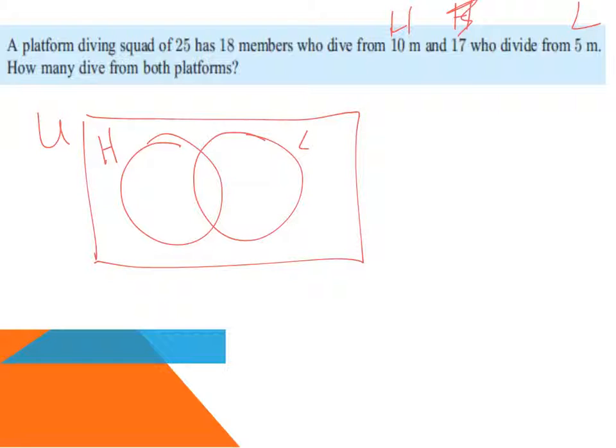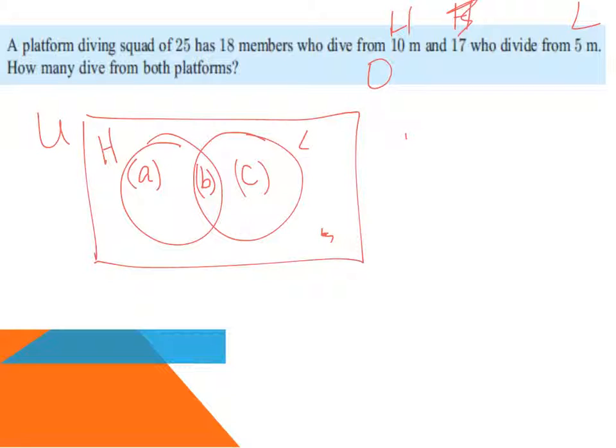Okay, so outside of the H and the L, out here in this area is going to be 0, because if they're on the diving squad, they have to dive from one or the other. There's no way that they cannot dive at all. So then I'm going to label this A. I'm going to label this B, and notice I'm putting it in parentheses because I want it to represent how many items are there.